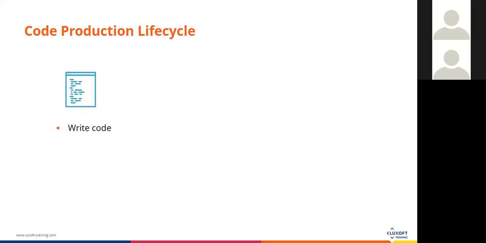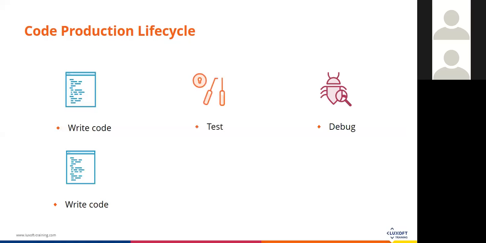You write the code, spend some time on it, then you do some testing, some manual testing in the sense that you introduce some input, you take a look at the output, and eventually you try to fix what seems not to work well. You have to debug. And then again, write code, test, debug. This is a pretty boring and inefficient way to work.